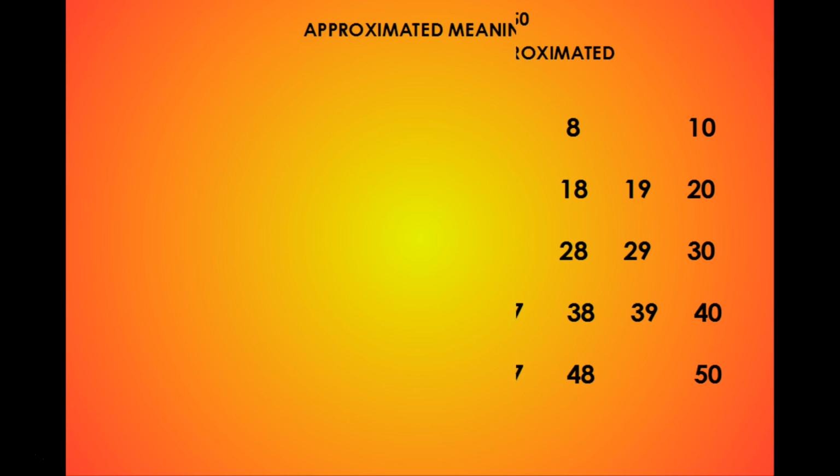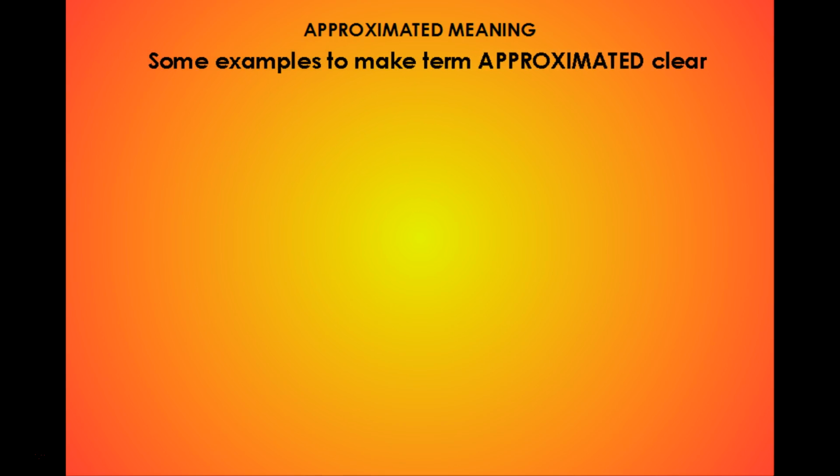Now, a couple of examples to make the meaning of approximated clear when we're looking at these square roots calculations that we can make. Firstly, consider this number. It's a repeating pattern, 2.0004, and the 3 dots signify that it goes on forever, but it's a repeating pattern of zeros.